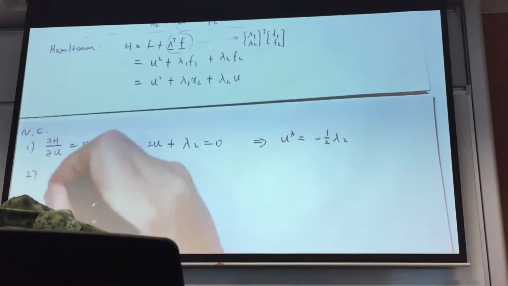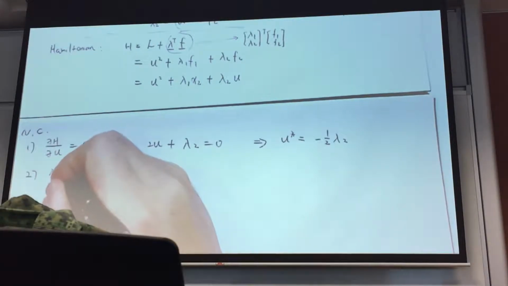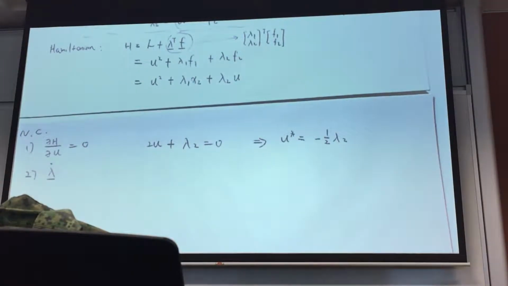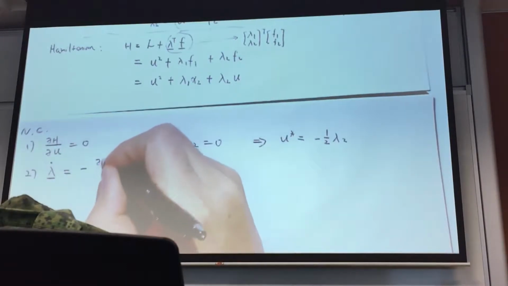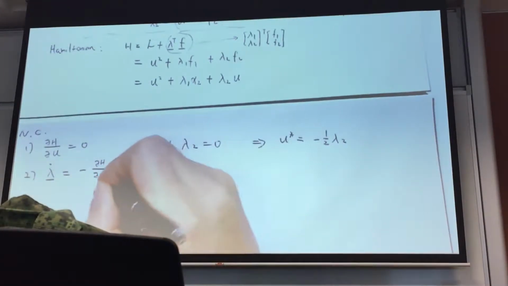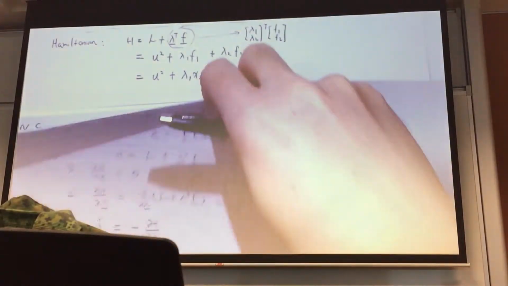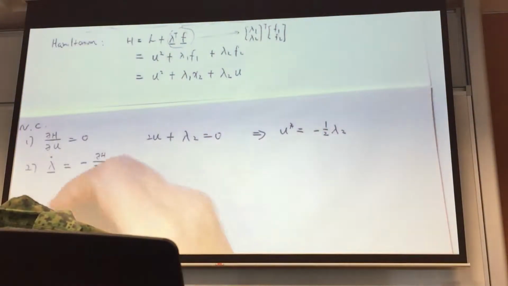The second set of equations is given by lambda dot. The dynamics of the Lagrange multiplier is given by minus dH/dx. Remember this. So lambda dot equals minus dH/dx.